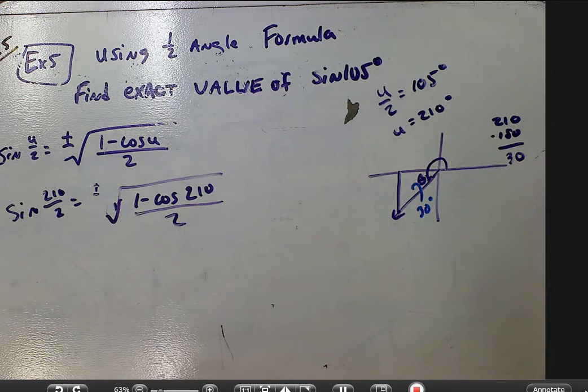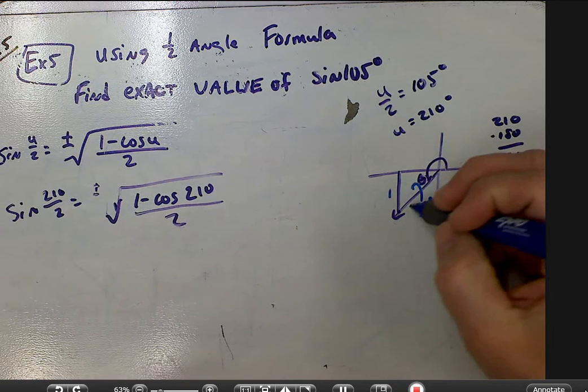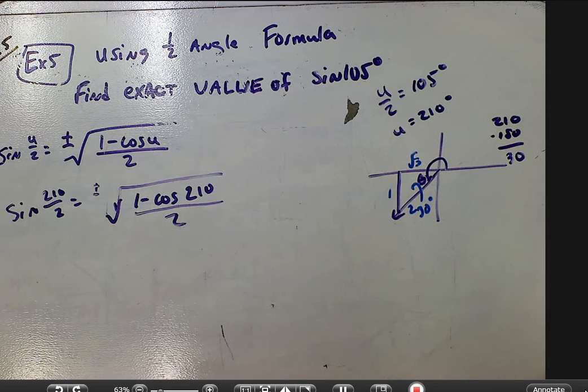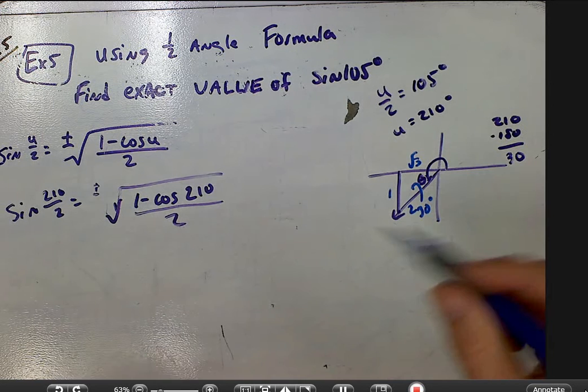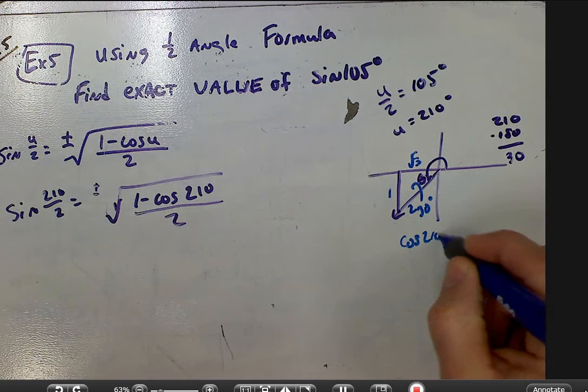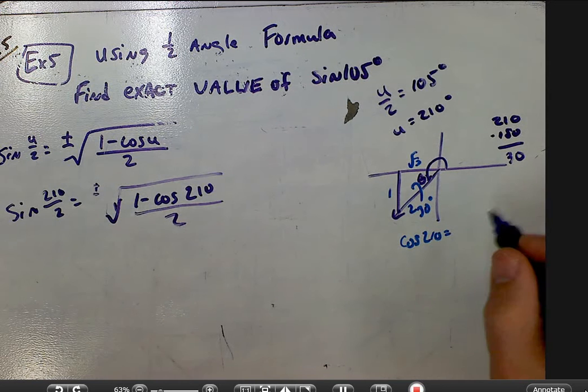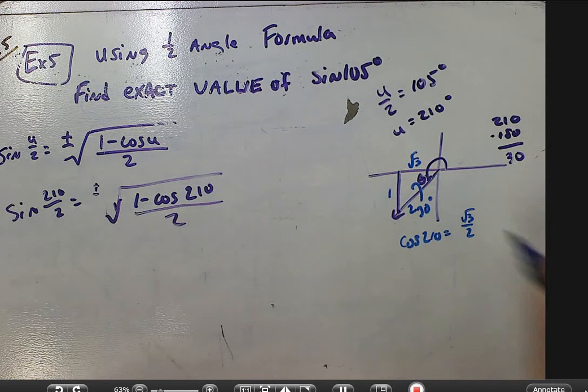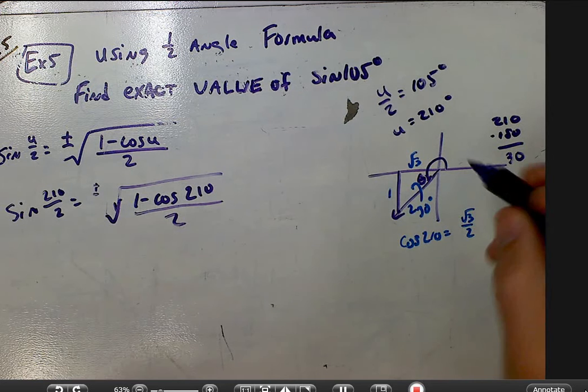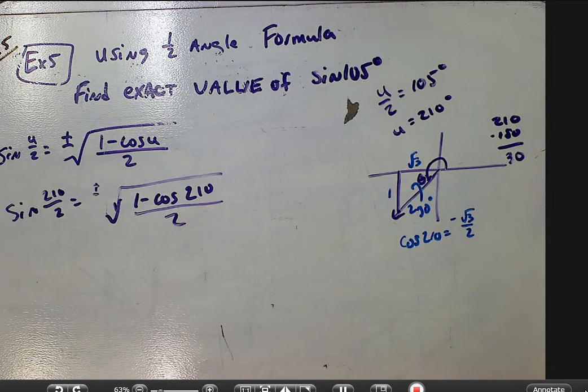And so that's 1, 2, square root of 3. Therefore, the cosine of 210 equals square root 3 over 2. We know the cosine is negative in the third quadrant, so it's really negative square root 3 over 2.